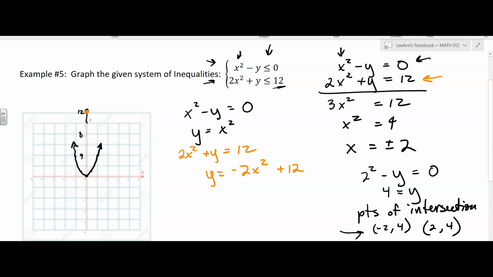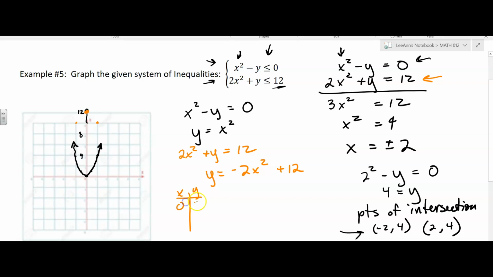You could plug in 0, you can make a table of values. And then it's going to have this stretch factor, and it's going to be upside down. You could plug in 1, and you're going to get 10. And you can plug in negative 1, and you're going to get 10. So you make a little table of values here.